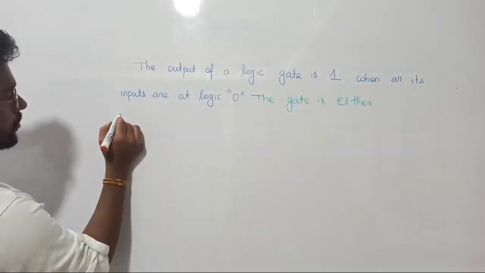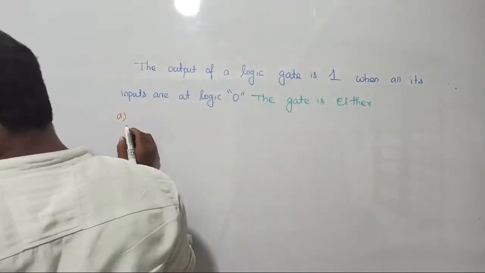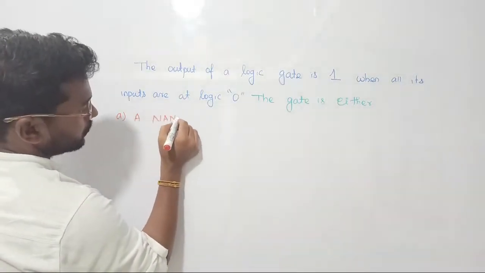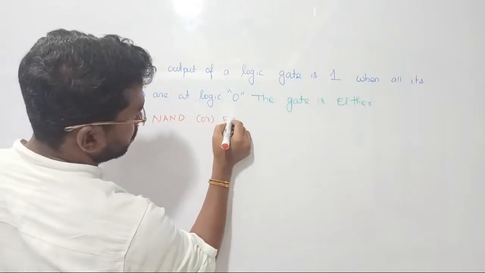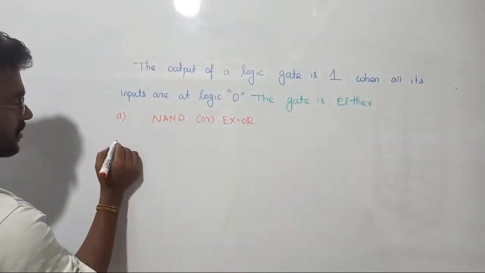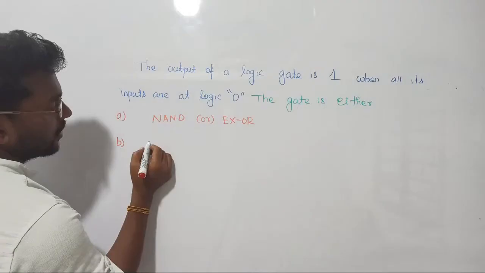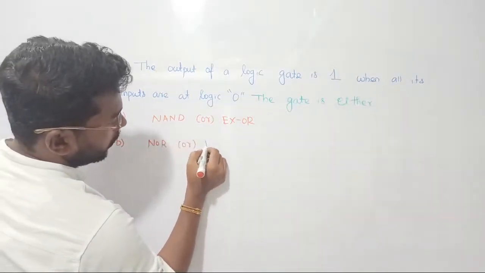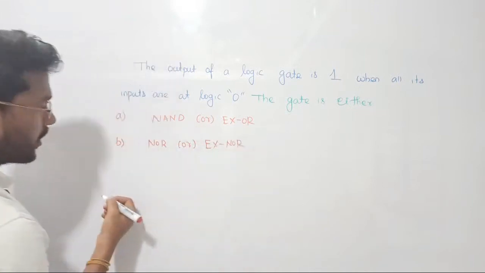They are given 4 options. Option A, a NAND gate or an XOR gate. It might be NAND or XOR, I am just writing the answers simply. Option B, they said NOR or XNOR. It might be a NOR gate or an XNOR gate.